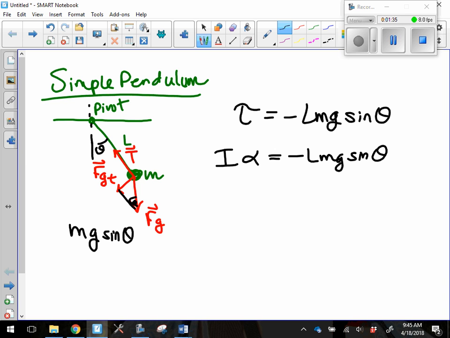And we had convinced ourselves that if we figured out what alpha was, we would be able to get to omega, and from omega we could get to what the period was, or the frequency, depending on what we were interested in. So because we're going to need this later, we're going to solve for alpha right here. And we'll come back to that equation when we talk about the physical pendulum in a few minutes.